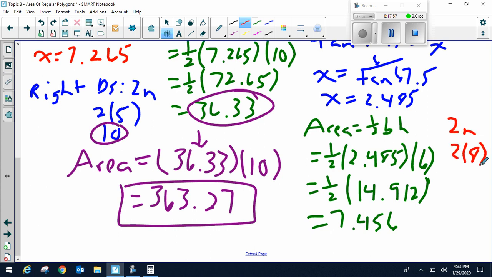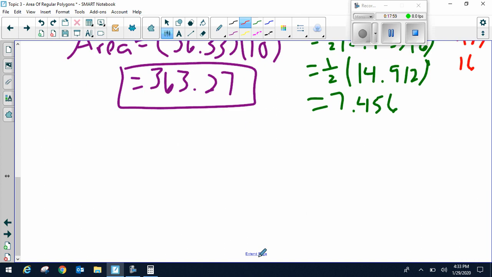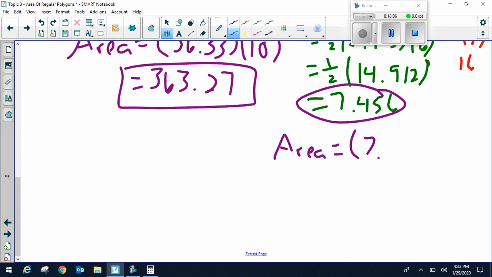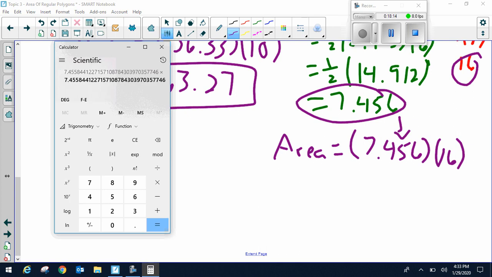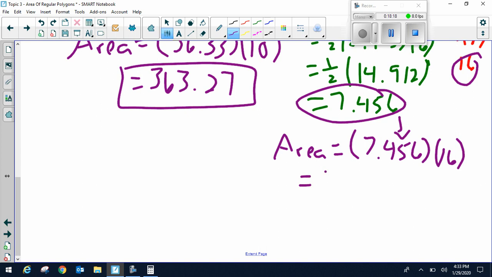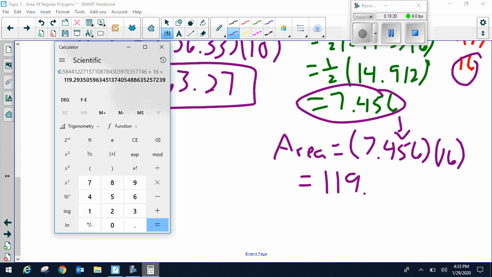So that's 16 of them. So to find my final area, it's this number times this number. But remember, this first number is already in calculator, so all you have to do is hit times 16 equals, and there's your area. It is 119.29.